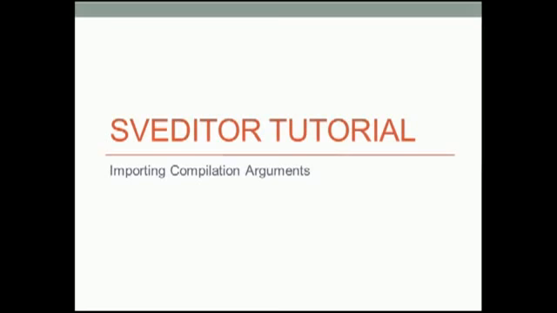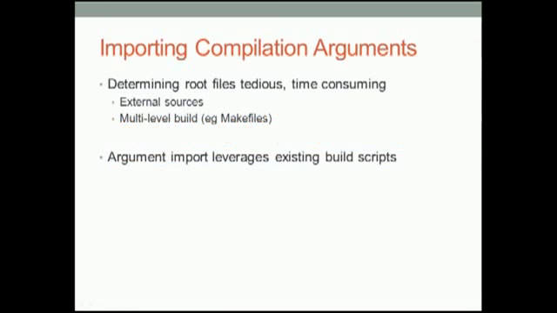In this tutorial we will talk about an easy way to import compilation arguments so that SVEditor can index your source. Determining the set of root source files and compilation arguments, include paths and so on and so forth, can be pretty tedious and time-consuming for an existing project.